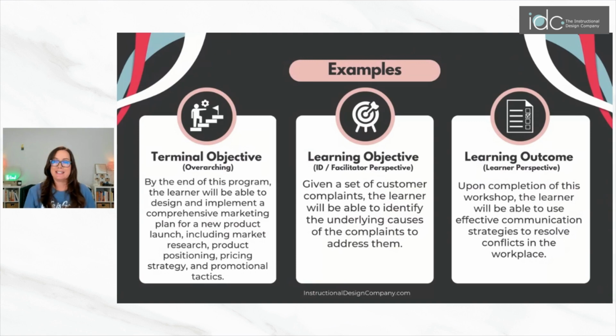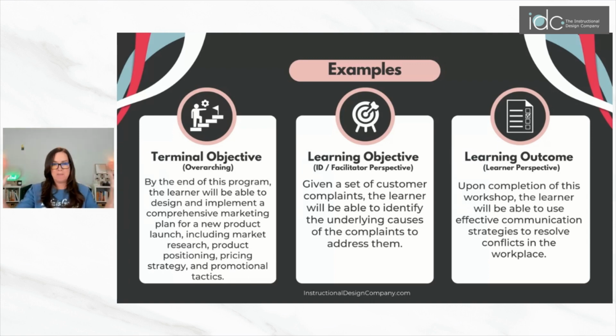So here are some examples of objectives. Again, our terminal objective is overarching, right? It's the thing that rises above all of those modules. It's the goal of that entire learning experience when there are multiple components. In this example, we see that by the end of this program, the learner will be able to design and implement a comprehensive marketing plan for a new product launch, including market research, product positioning, pricing strategy, and promotional tactics, right?